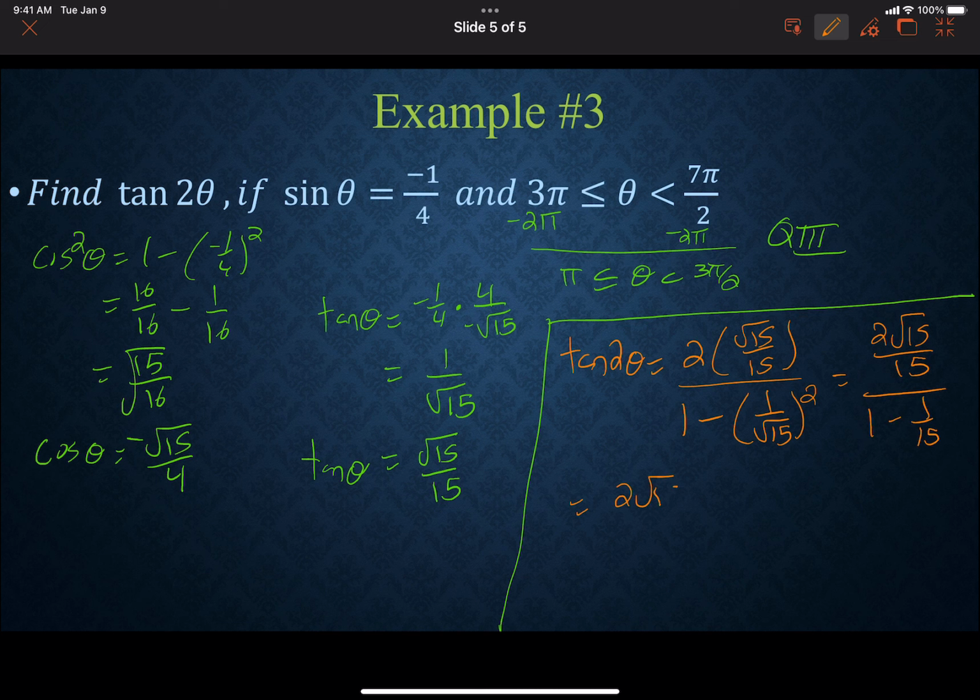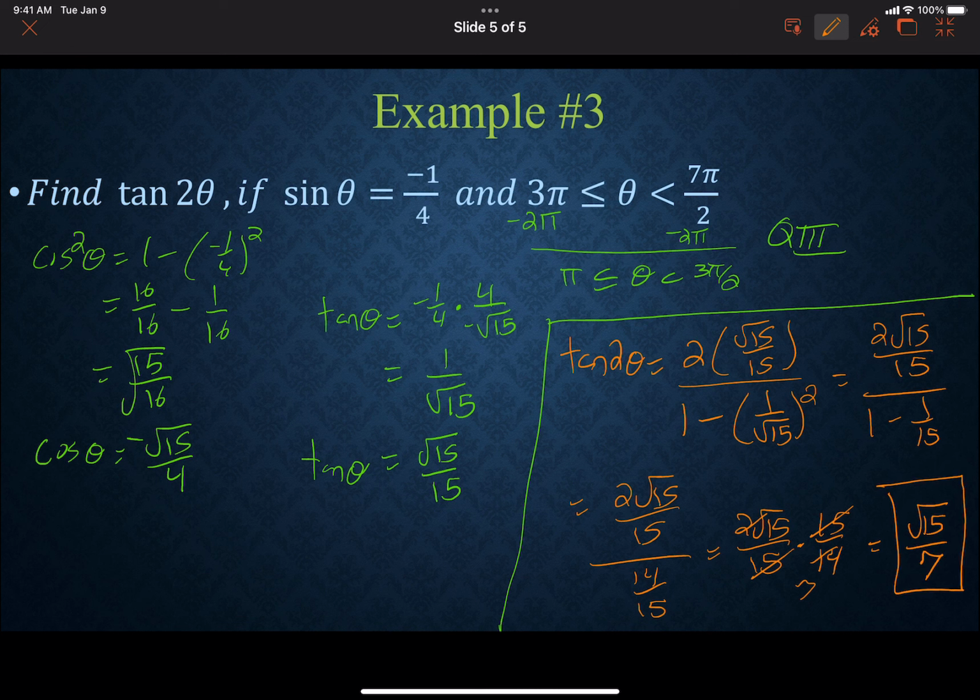So we have 2 root 15 over 15 divided by 14 over 15. Dividing a fraction means multiplying by the reciprocal. So the 15's cancel as the 2 and the 14 reduce. We're left with a positive root 15 over 7 for our tangent 2 theta value.